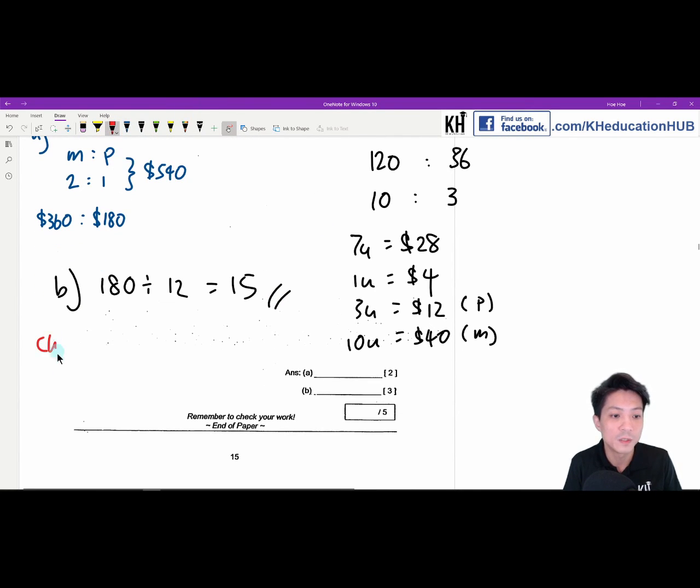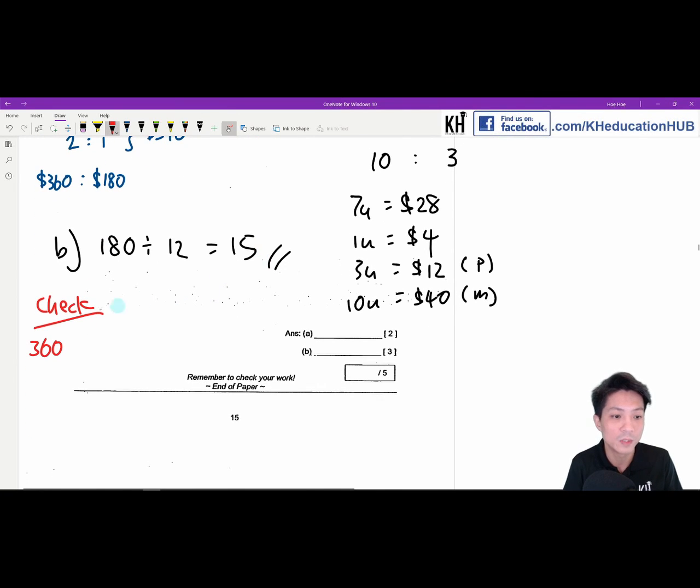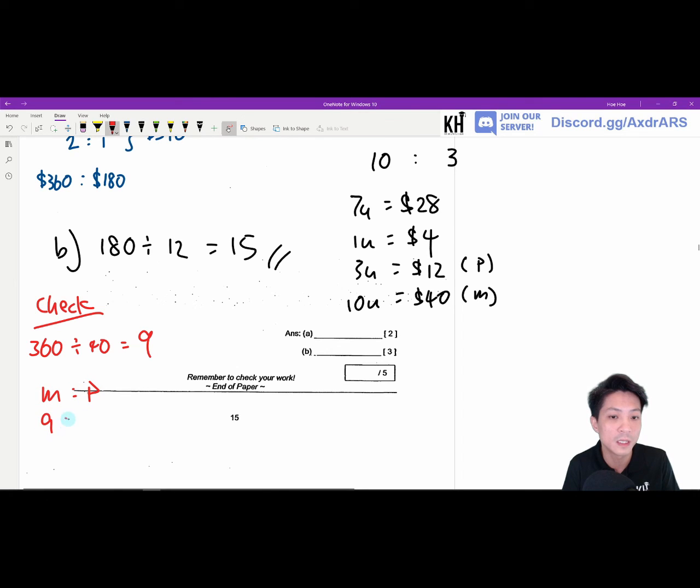Let's do a simple check to make sure I did not make any mistake. I'm gonna find the number of cartons of mango by using $360 divided by 40, equals to 9. The ratio of mango is to papaya is 9:15.